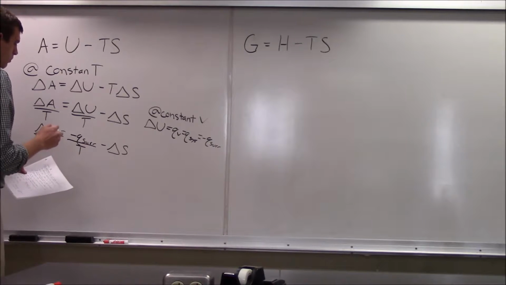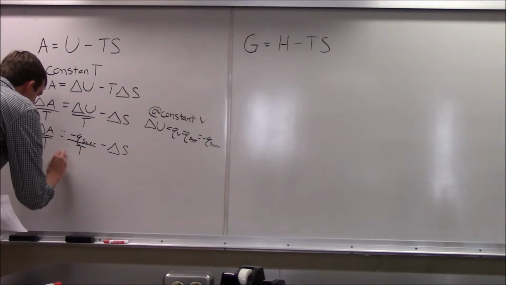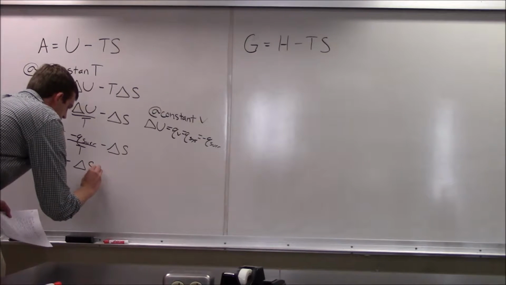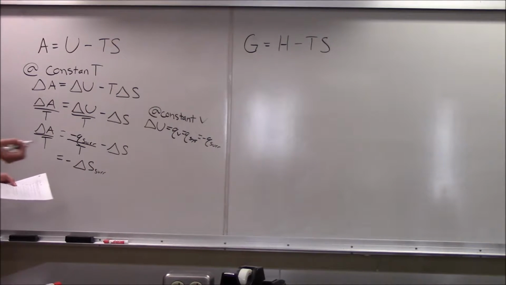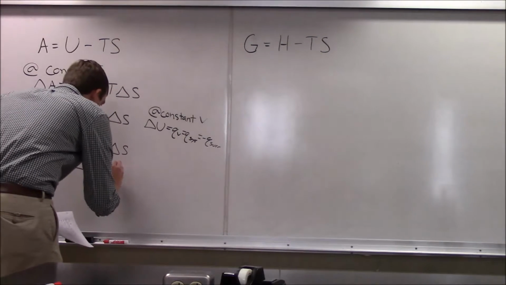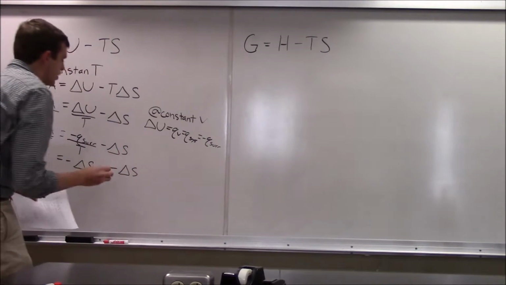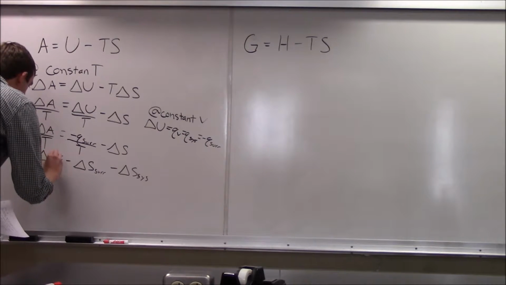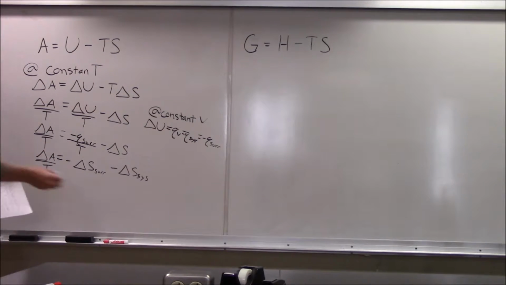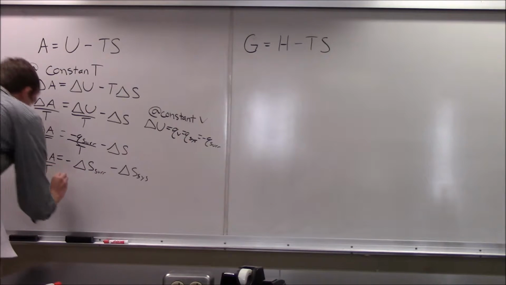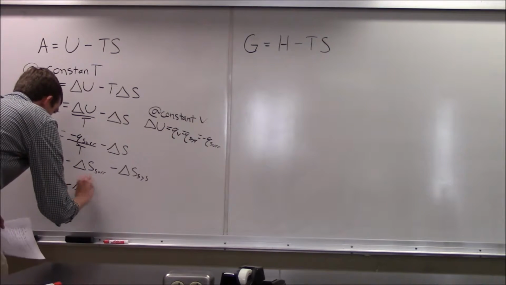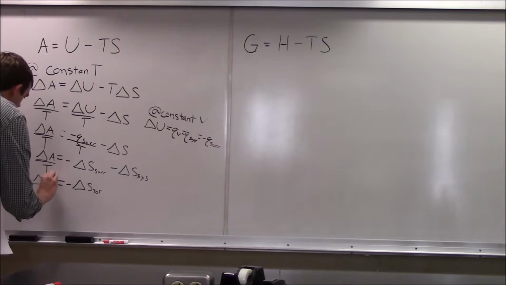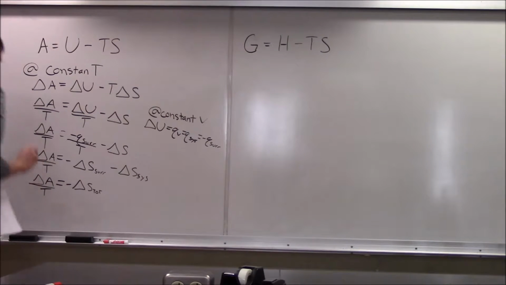Now, if we write this out, this is equal to the negative entropy change of our surroundings, as you may recall from previous lectures, minus the change in entropy of our system. If we factor out the negative sign, we can see that this is really equal to the negative change in the entropy of everything, and this is still equal to the Helmholtz free energy change over temperature.